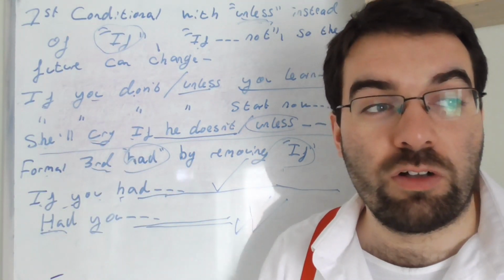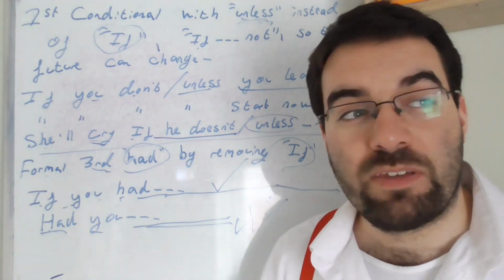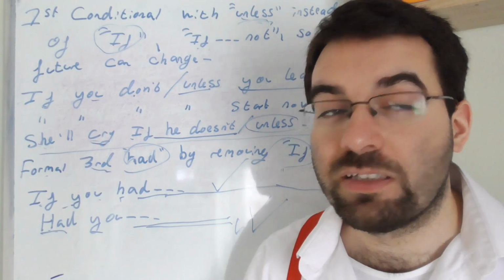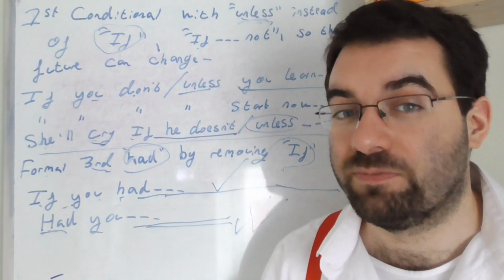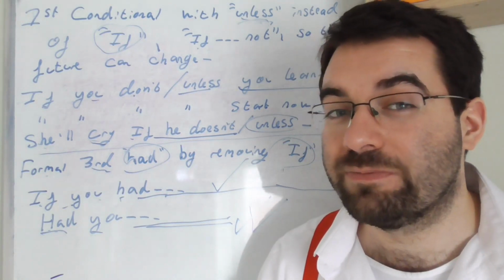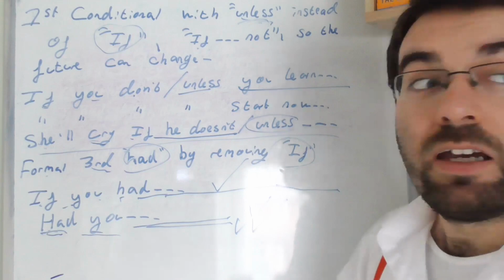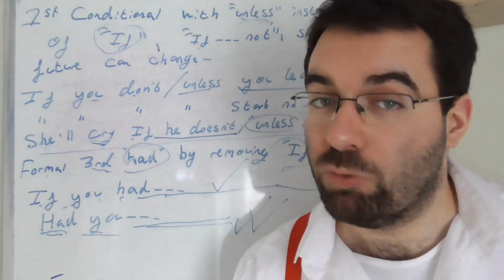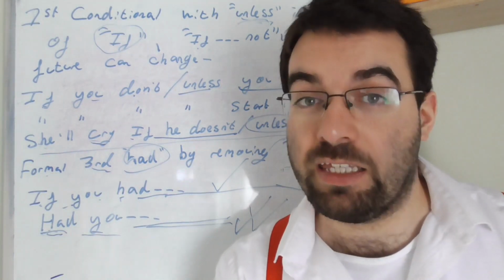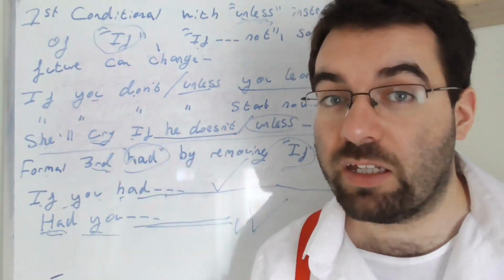That house will be sold unless there's a problem inside it. If there's a problem with that house, the house will not be sold. Unless the house is clean, it won't be sold. If the house was clean, it would be sold. Had the house been clean, it would have sold quite quick.